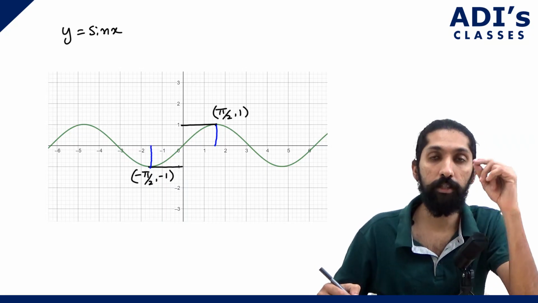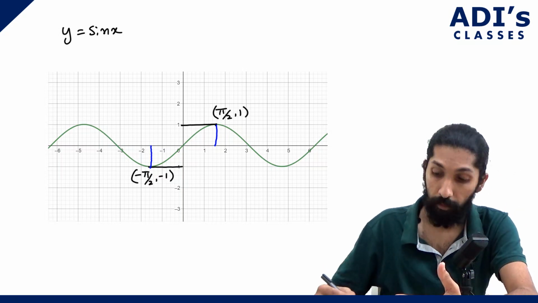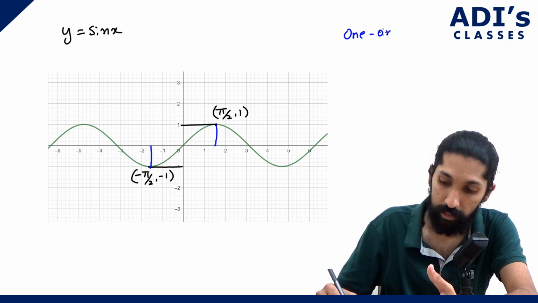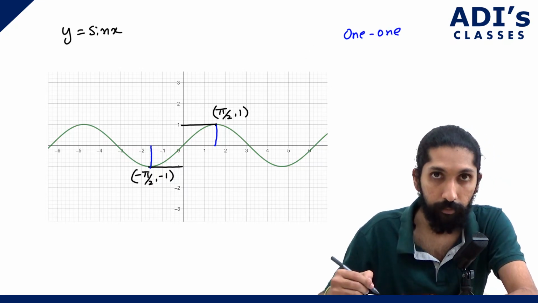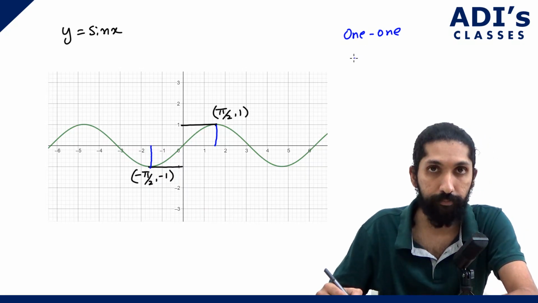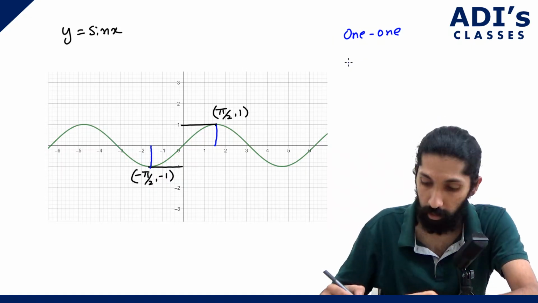So the first condition is what? If we need to have an inverse function, the function has to be 1 to 1, or you can say it has to be injective. If you take any real number, will it be 1 to 1? No, it cannot be. Think about it.